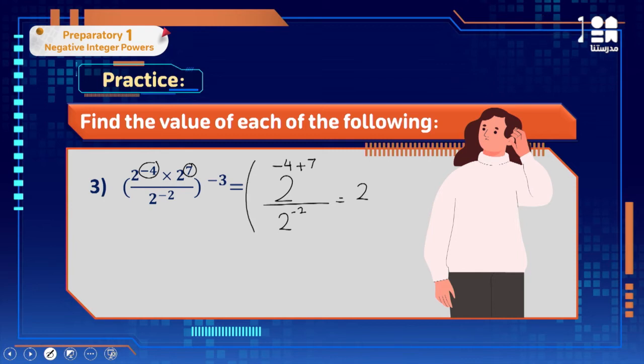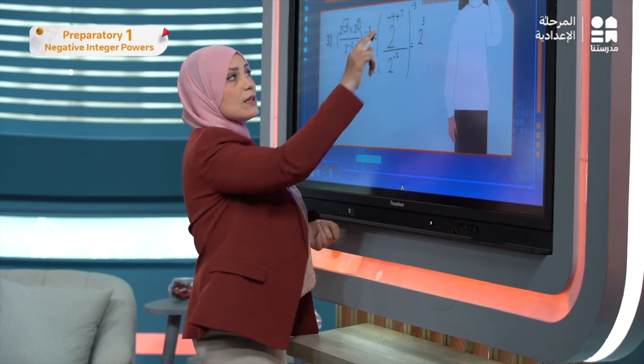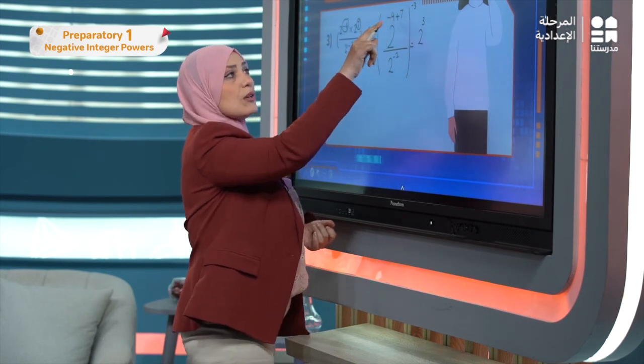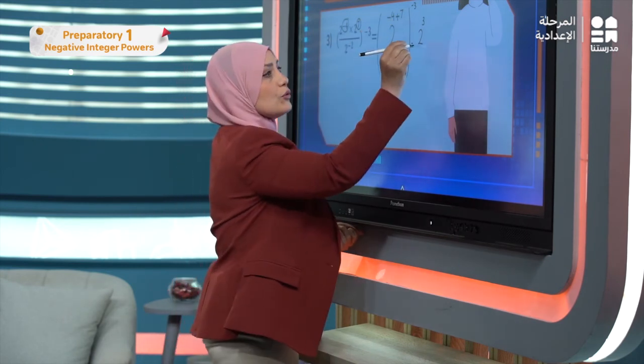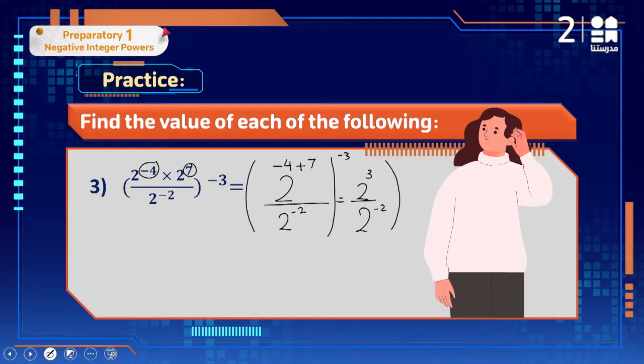Yes, I forgot to put all of them to the power of negative 3. Always we have to start from inside the brackets. So it is 2 to the power of 3. Why 3? Negative 4 plus 7: the sign of the bigger number, then subtract. 7 is the bigger number, so subtract 4 from it, and 2 to the power of negative 2 as it is, then all of them to the power of negative 3.